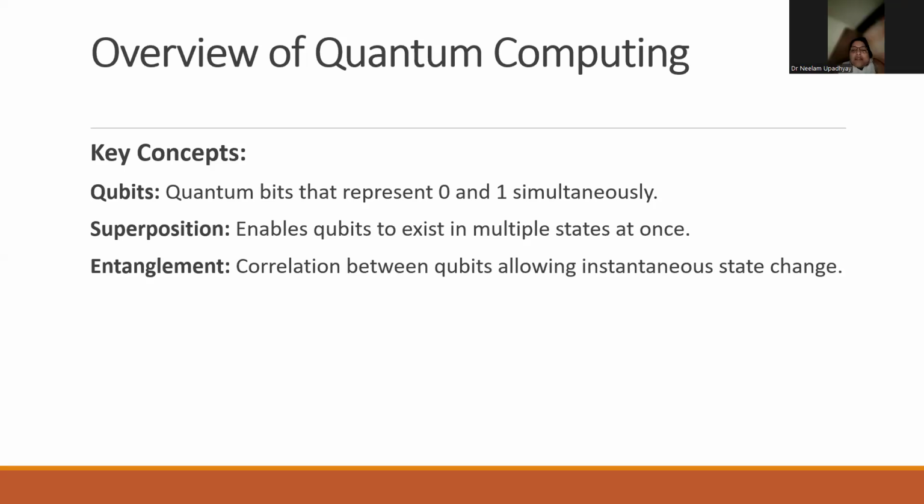So this entanglement shows a quantum phenomenon where qubits become correlated such that the state of one qubit is dependent on the state of the other qubit.